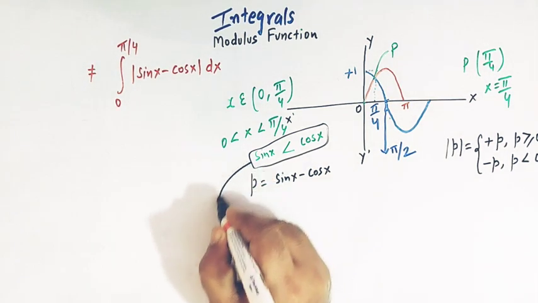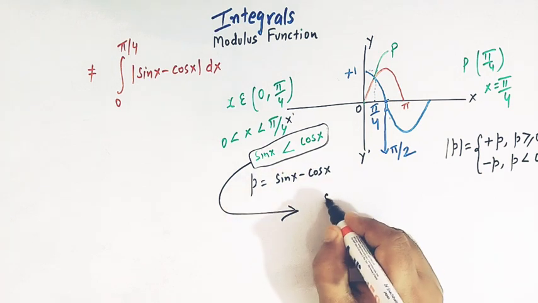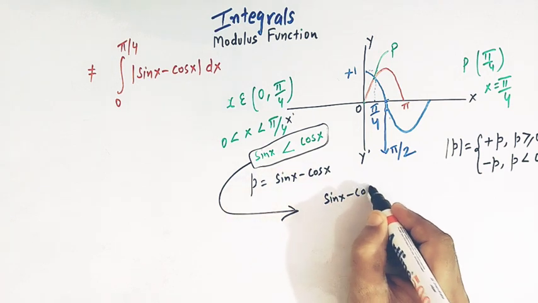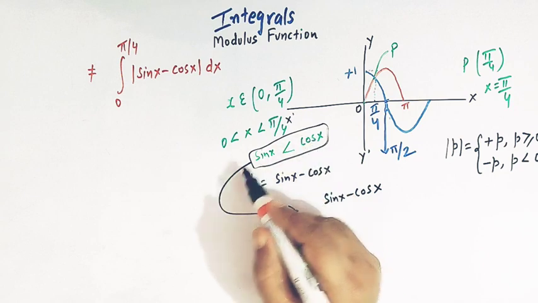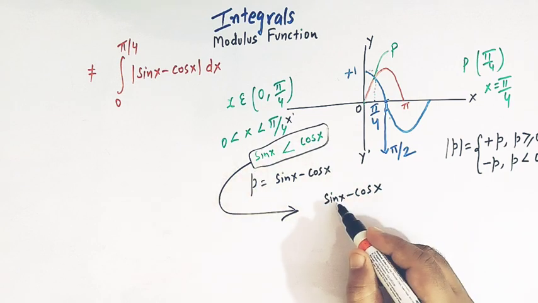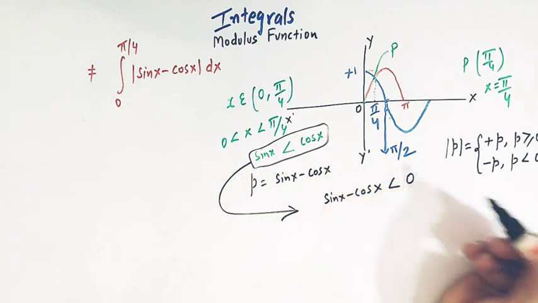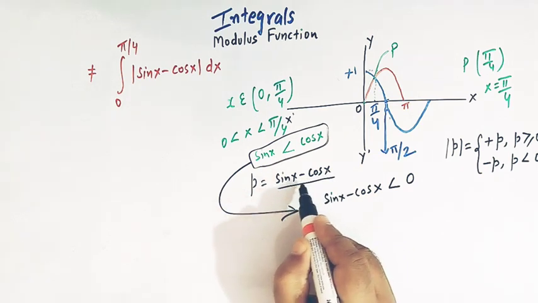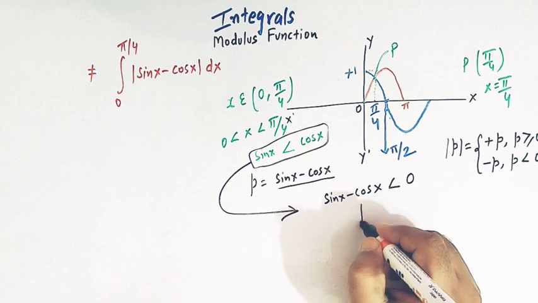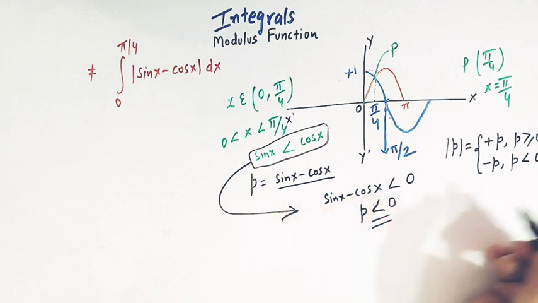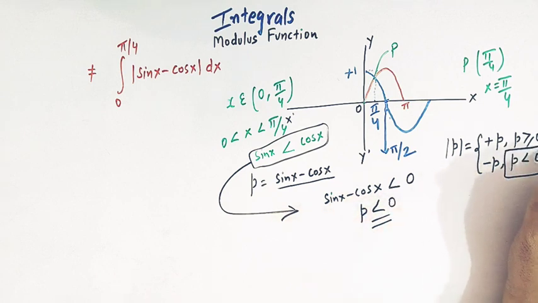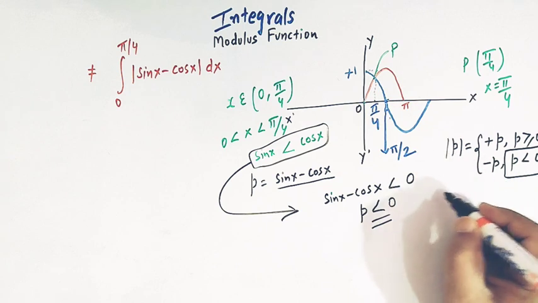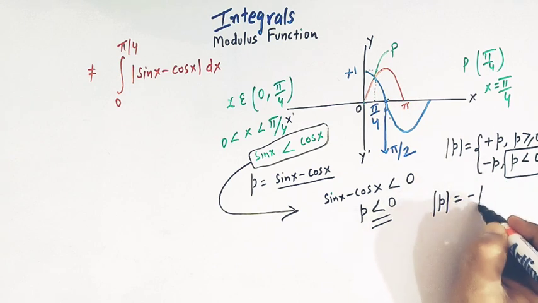Now from this inequality, if we take cos x to the left hand side, we have sine x minus cos x is less than 0. And sine x minus cos x, we are assuming as p. So p is less than 0, and when p is less than 0, mod of p is equal to negative p.